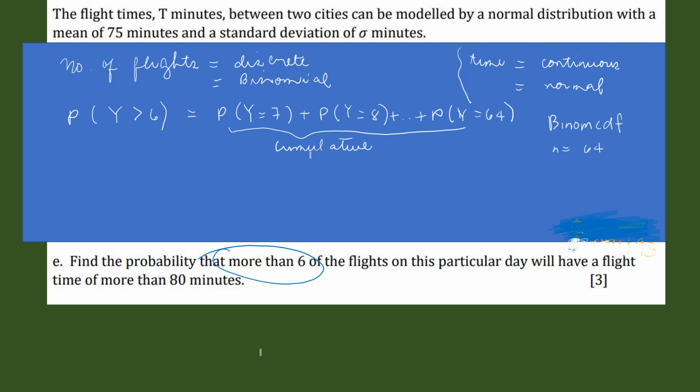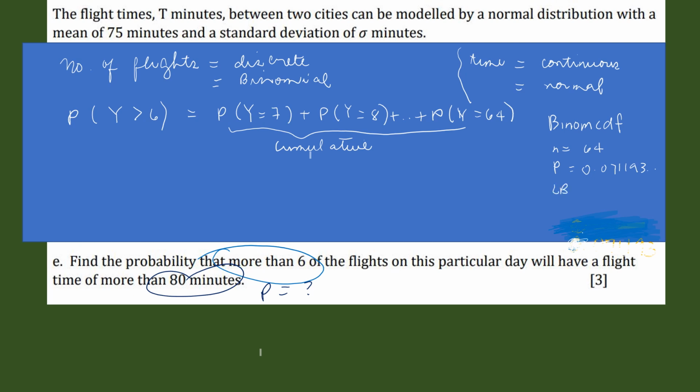The probability of success, that's success for having more than 80 minutes, is already given in letter B, I think. So it is 0.071193 and so on.